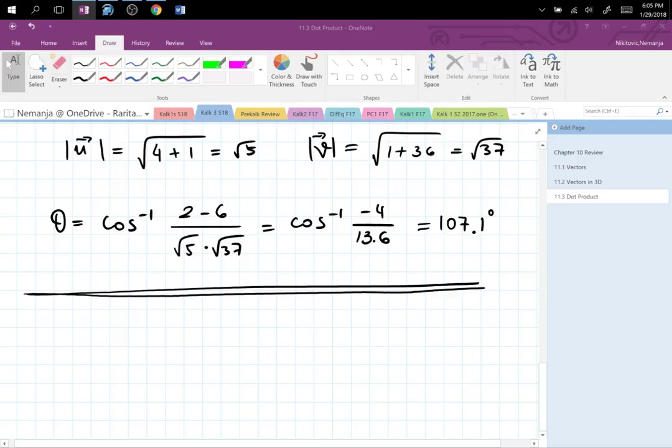Now, the definition of orthogonal vectors is that if the dot product is 0, two vectors are orthogonal. You are used to the word perpendicular, but that word applies only for the 2D case. It's reserved for the 2D case when you say there is a 90-degree angle between two lines.